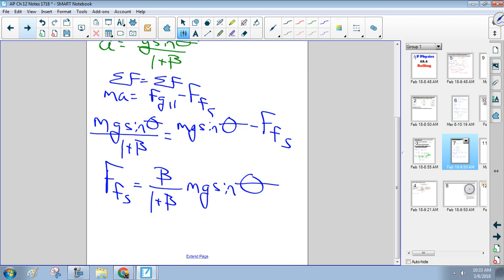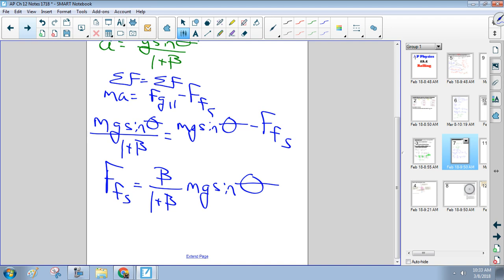All right, so at the start of this, Cam, are you good? I'm just confused on how you got from here to here. Yeah. So this is 1 over 1 plus beta times a thing, and this is 1 times a thing. So when you do 1 minus 1 over 1 plus beta, it gives you beta over 1 plus beta.